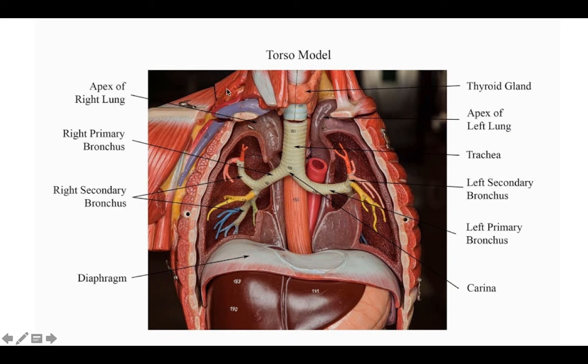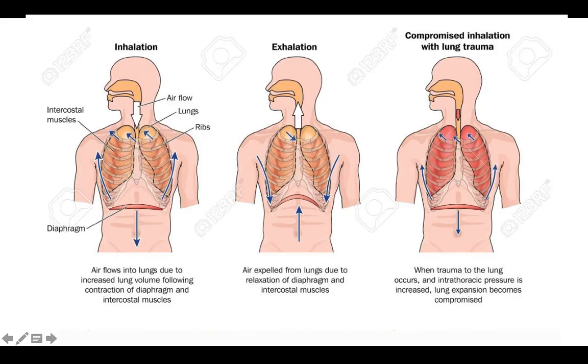And that's going to allow for inhalation, okay? Because it's going to allow the lungs to expand, and we'll talk about the pressure changes, for there to be a lower pressure in the lungs, and that will cause air to rush from a higher pressure down to a lower pressure into the lungs.